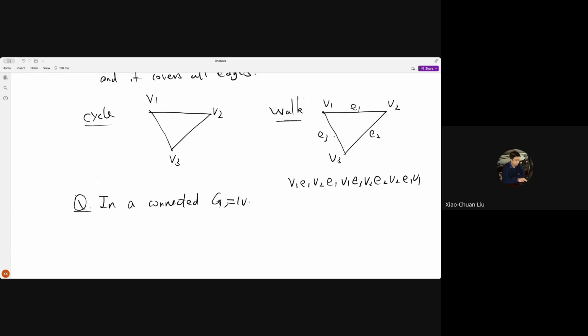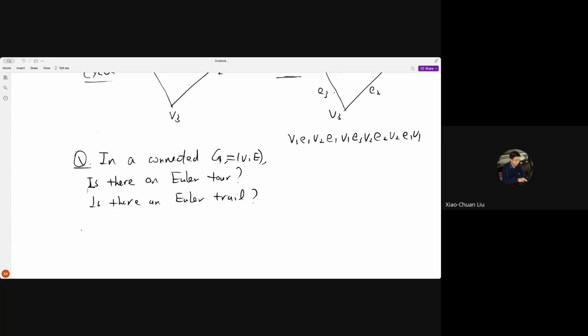So in a connected graph G, is there an Euler tour or no? Oh, another question, is there an Euler trail? So these are two questions. They are related. Can you find the Euler tour? Can you find the Euler trail?